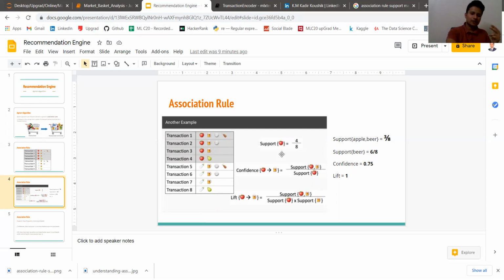Now, after finding these two metrics, support and confidence, you might come up with a question that beer is a very common product. So it can be purchased with any other products as well. How do we come to a conclusion that it is always purchased when apple is purchased? Definitely, this is a very reasonable question.